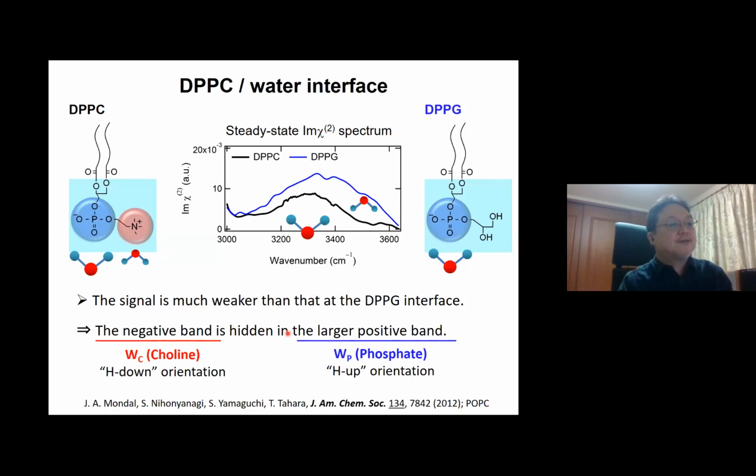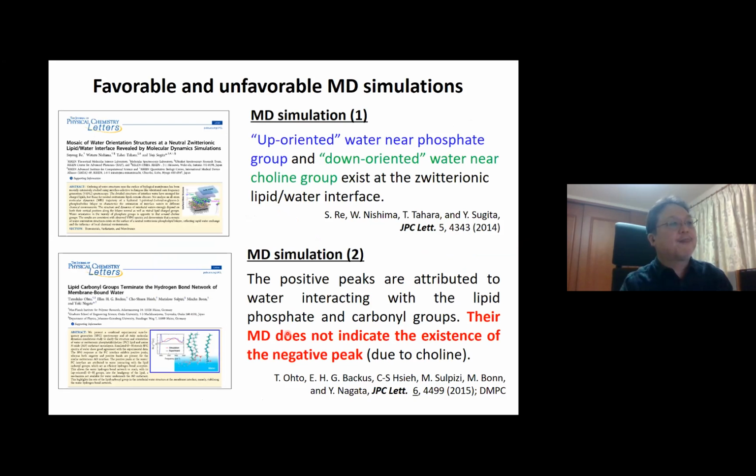So actually we were sure, but after that we had a controversy, meaning that two MD simulations were reported. One group, actually, the author is our friend, claimed that they reproduced the H-up and H-down orientation of the water at the phospholipid water interface. But another simulation said that they cannot find the H-down water around the choline.